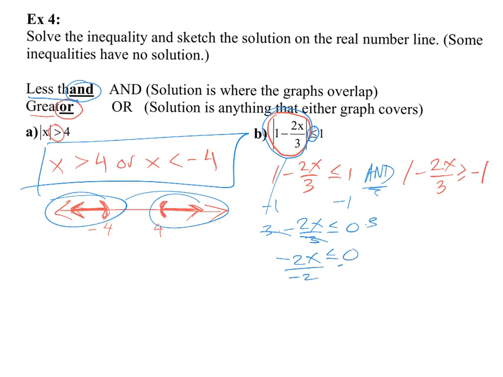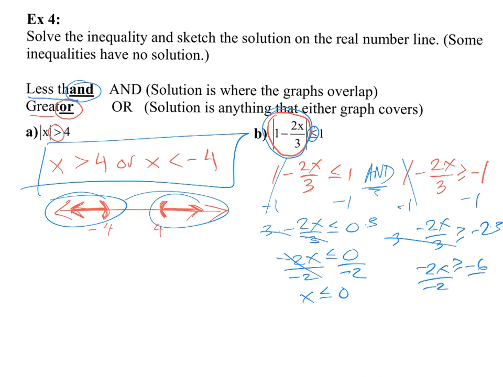Divide by negative 2. X is greater than or equal to 0. The other one, we got negative 2x over 3 is greater than or equal to negative 2 times 3. Negative 2x is greater than or equal to negative 6. Divide by negative 2, and x is less than or equal to 3. Caught myself there.